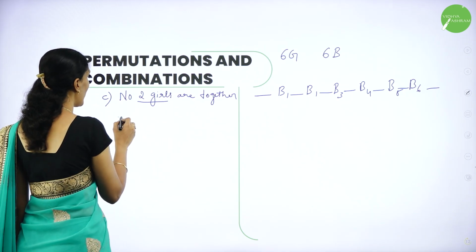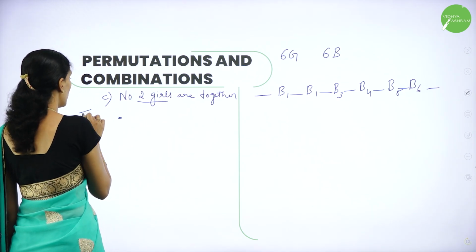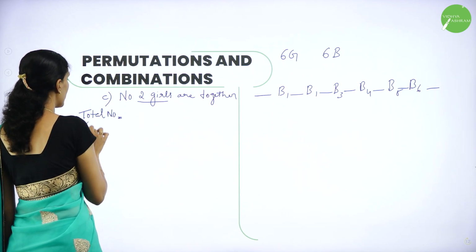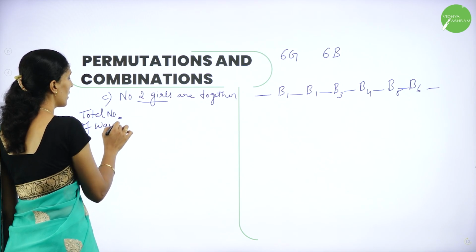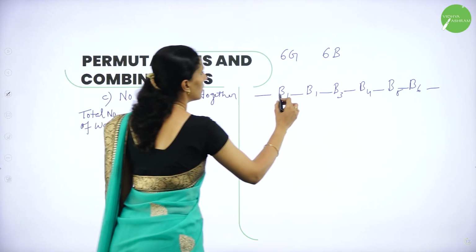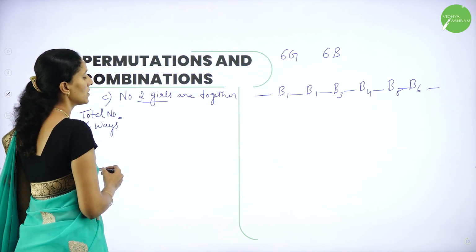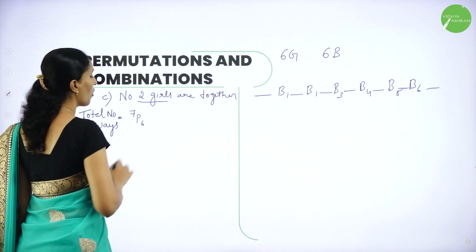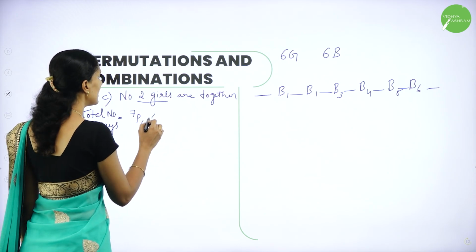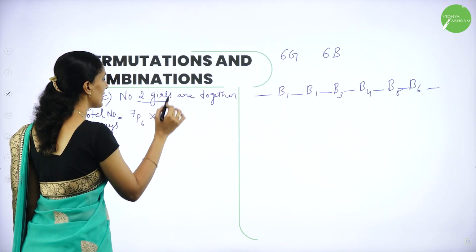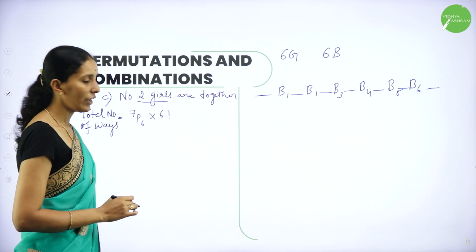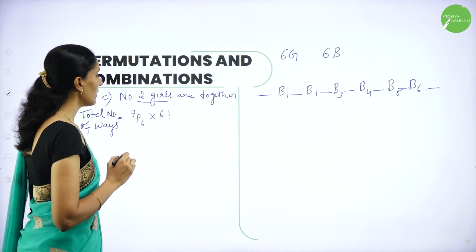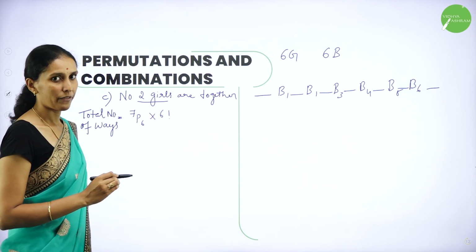So therefore, my total number of ways: 7P6 for girls, and 6 different boys can be seated in 6 different places. So my total number of permutations for this question is 7P6 into 6 factorial.